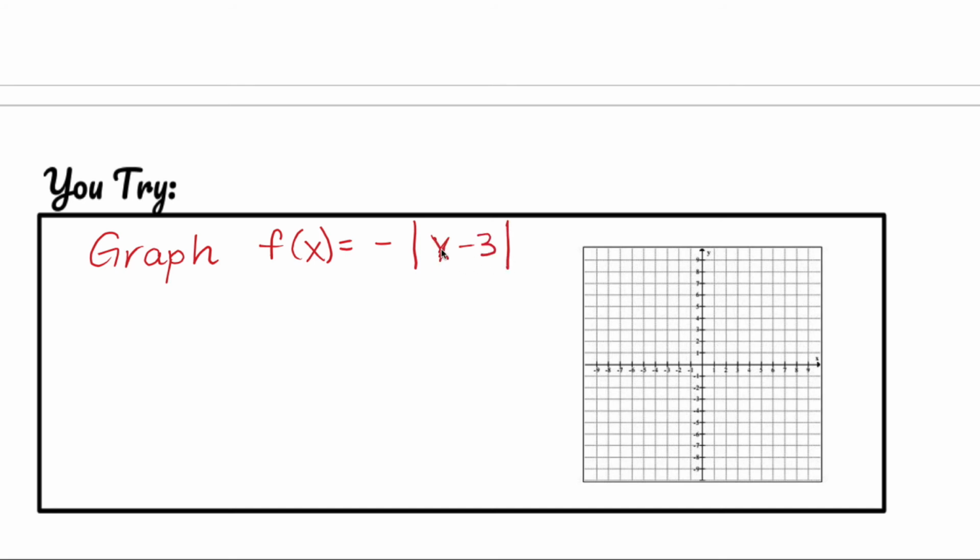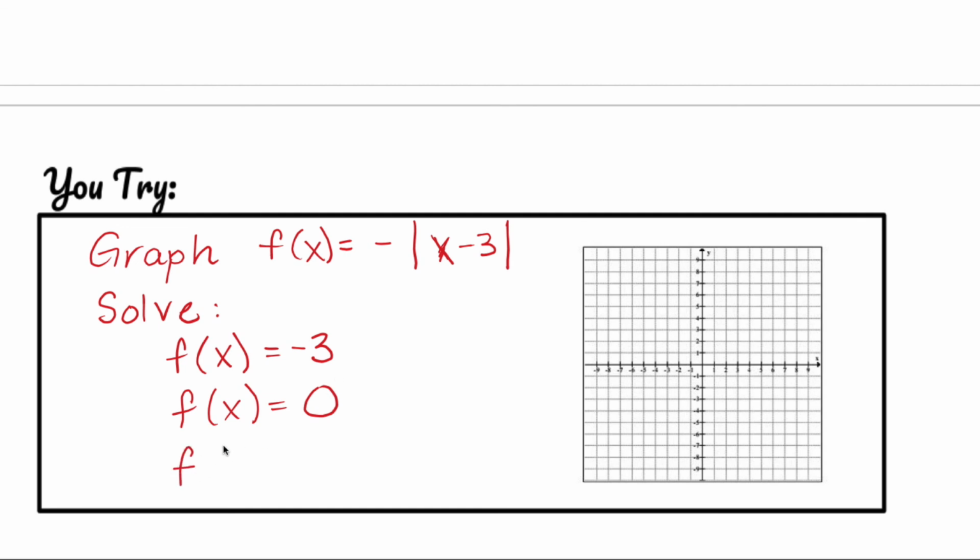You can do this with a t-table, or you can also go into Desmos or some graphing technology and graph that, sketch the graph accurately in the space provided, and then I want you to solve for x. What x values make f of x equal to -3? When is f of x equal to 0? And when is f of x equal to +3? And remember to write your solutions in set notation.